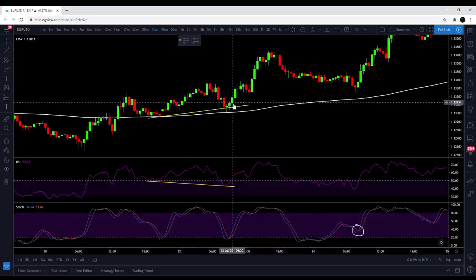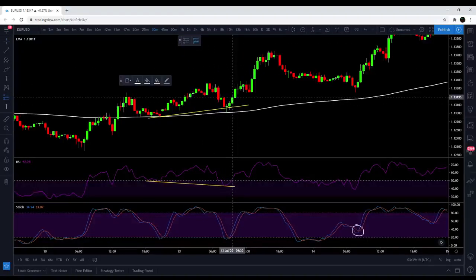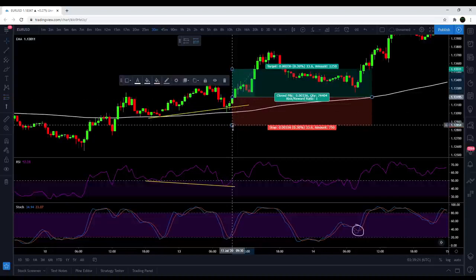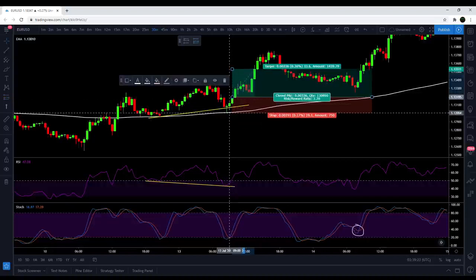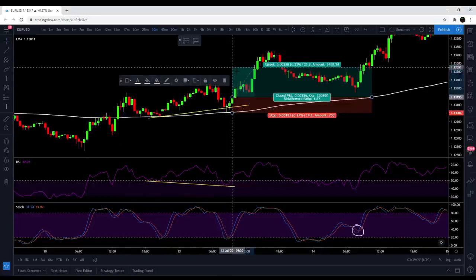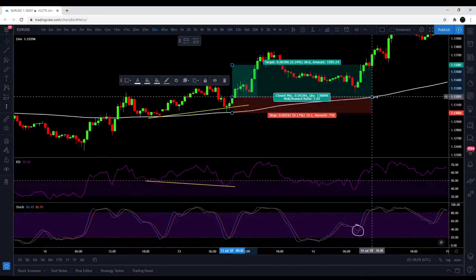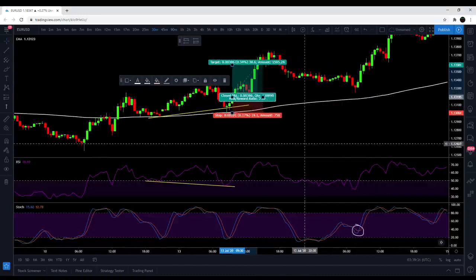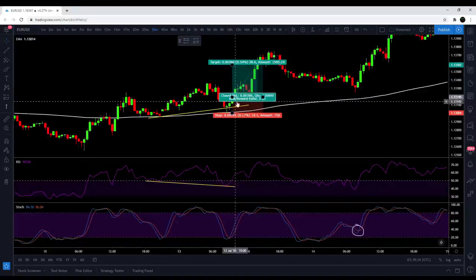So this candle is the buy entry candle. So you're going to take your buy on that candle. Stop loss goes just below that nearest swing low, and you're going to target 2 times the risk for the profit target.